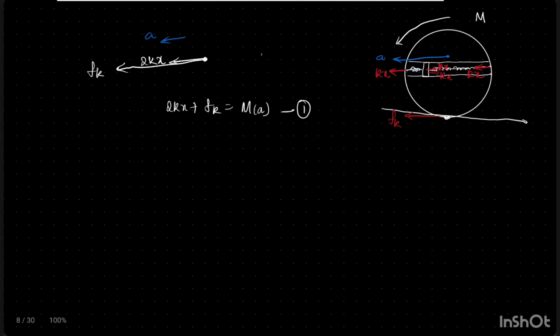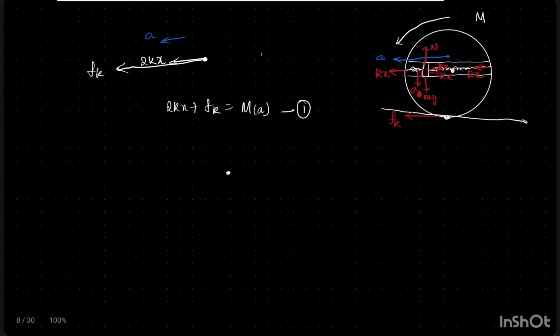So from the center of mass frame, there will be mg here acting downward, and also there will be some normal force, and this small bead is having some acceleration downwards. We don't know the acceleration. Let's take it as a naught.